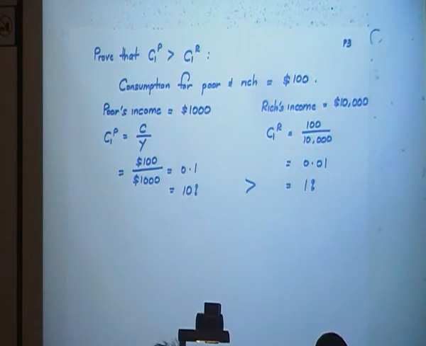That's why the marginal propensity to consume for the poor is higher than the rich.